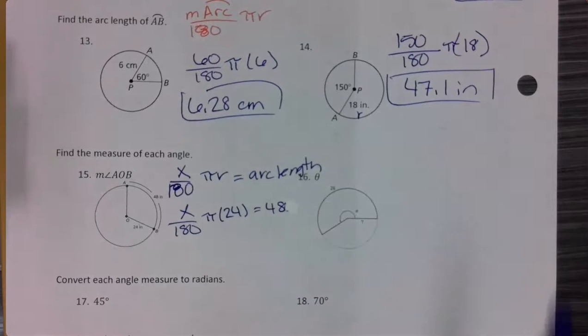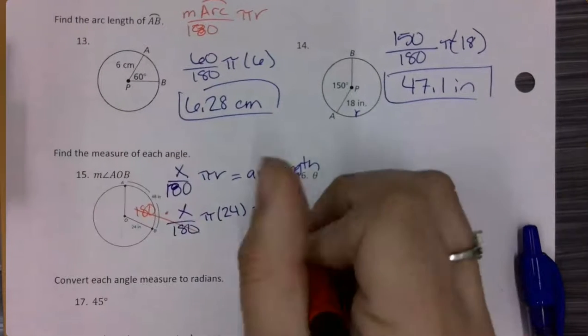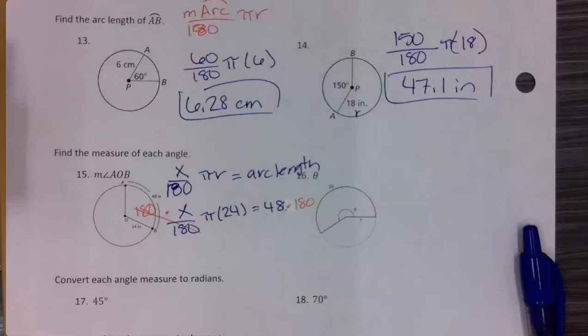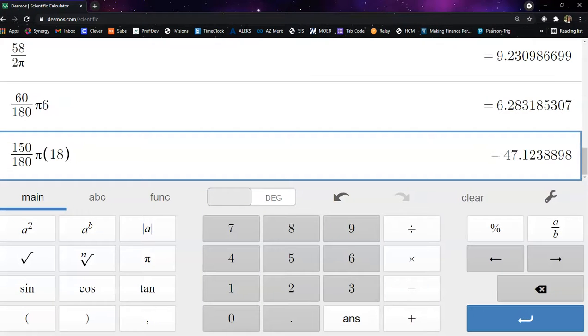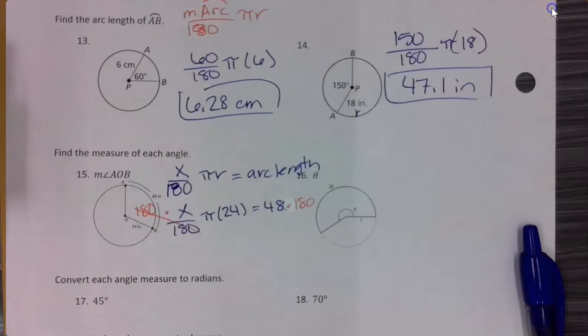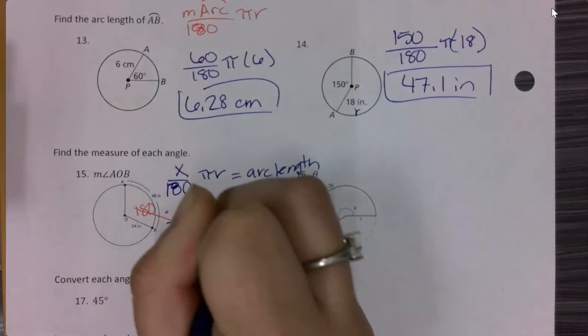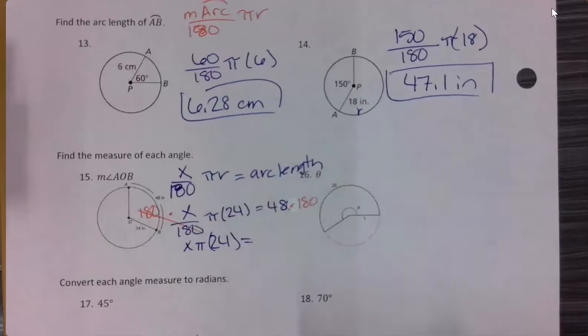So then what I want to do is I want to multiply both sides by 180 to get rid of this fraction on the bottom. So I'm going to go to Desmos and type in pi times 180. Or not pi, 48 times 180. Which gets me 8,640. So I have x pi 24 equals, what was that number?